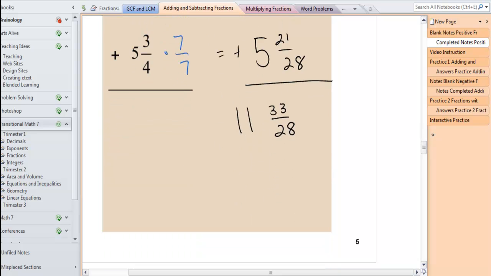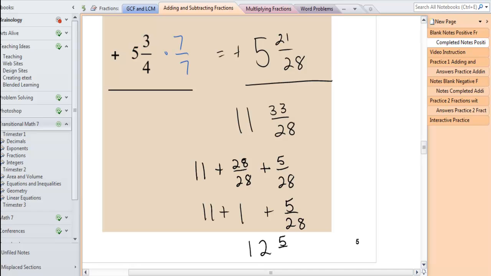Well, keep in mind that in 11 and 33/28, there's an understood plus between the whole number and the fraction. So this is the same thing as 11 plus 28 over 28 plus 5 over 28, right? Because 28 plus 5 is 33. Now, we can rewrite that as 11 plus 1 plus 5/28, which is 12 and 5/28.